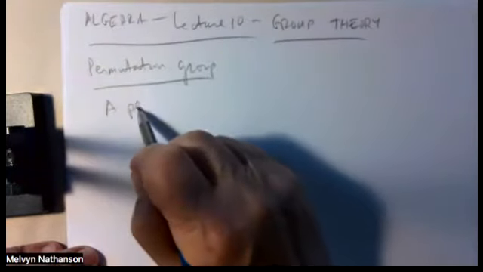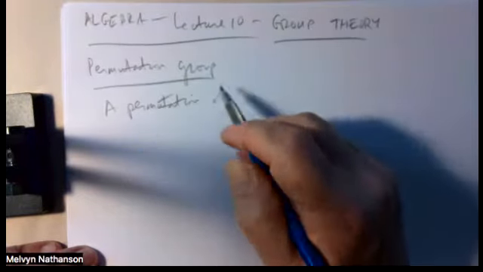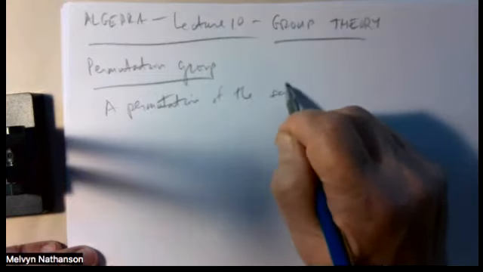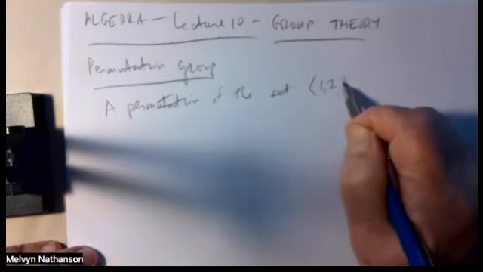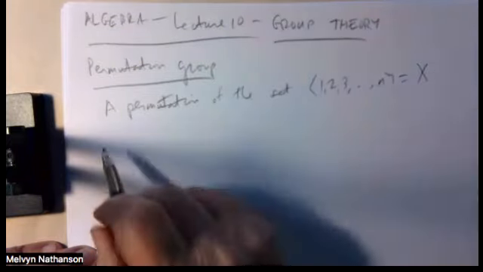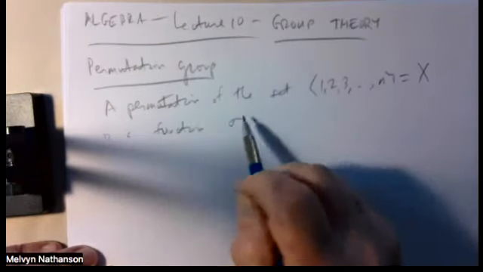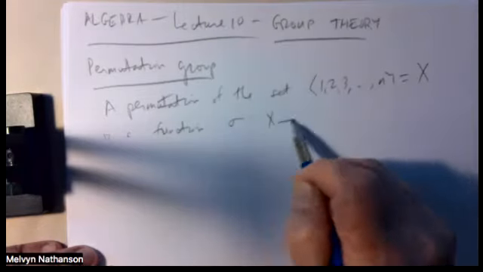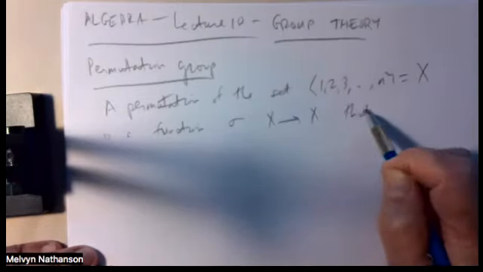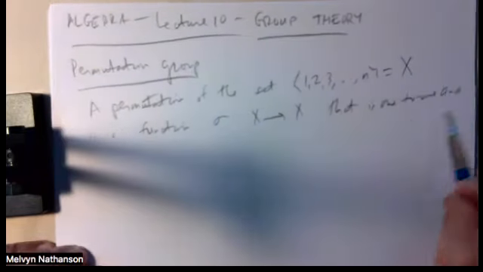A permutation of a finite set, let's say we just take the set x of the first n integers, is a function, say sigma, from x to x that is 1 to 1 and onto.